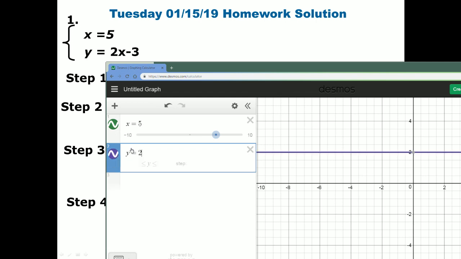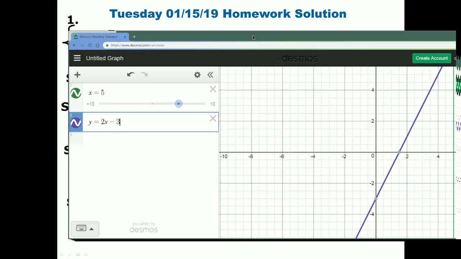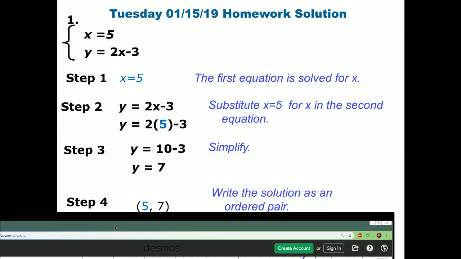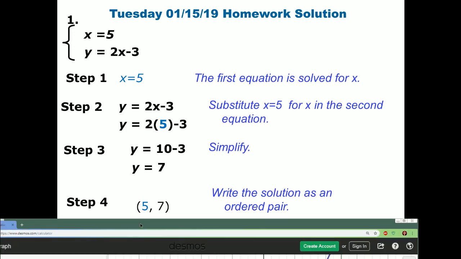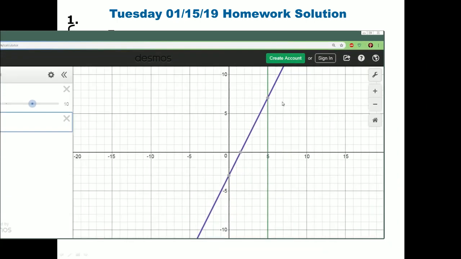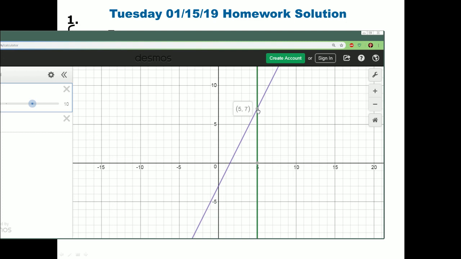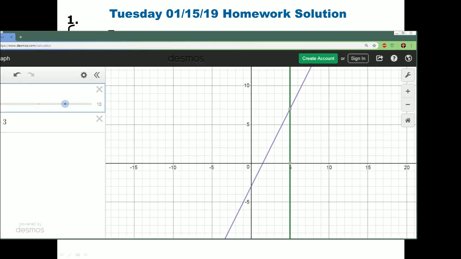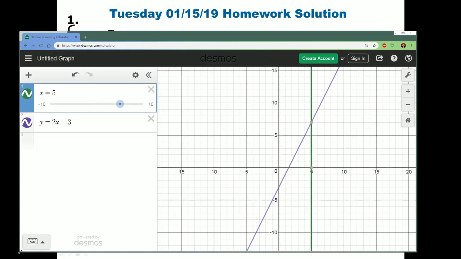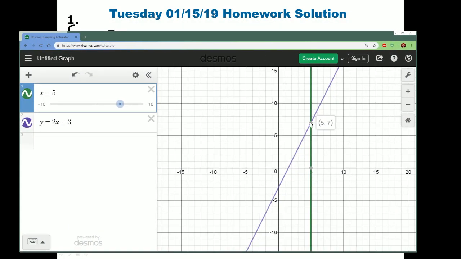Y equals 2x minus 3. Right, and we say the intersection here was (5, 7). Check this out. The intersection here, (5, 7). Alright. So we should see that either way, graphing or using substitution, you should still get the same solution.